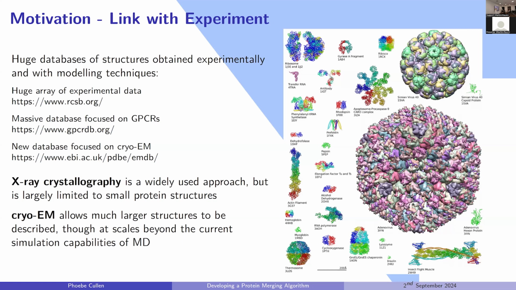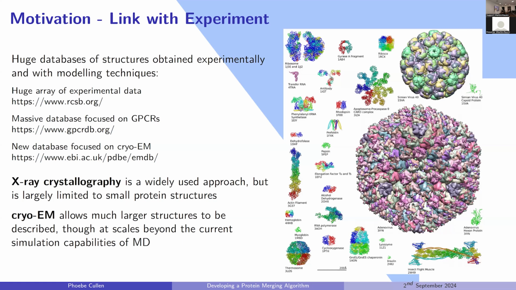So there are huge databases of data currently available, formed from data obtained both using experimental and modeling techniques. One major contributor to these databases is X-ray crystallography, which is a widely used approach involving crystallizing the protein structures before subjecting them to X-ray beams to form diffraction patterns, which are then used to identify structures.